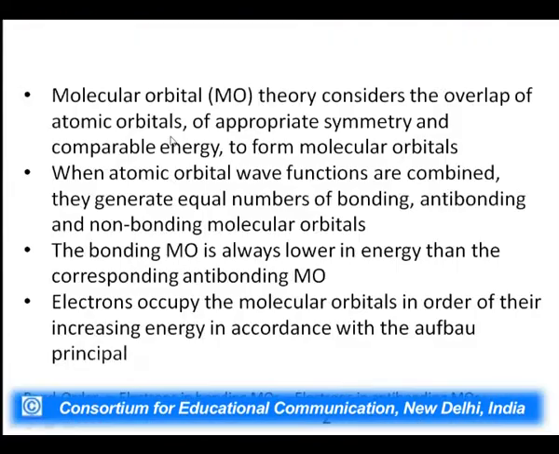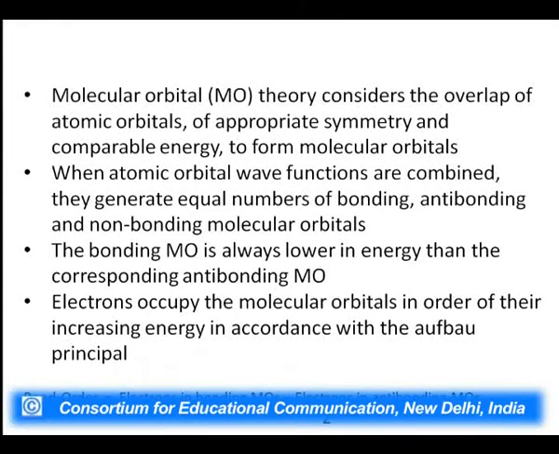Now, what do we actually do whenever we want to apply the molecular orbital theory to various compounds? Normally, molecular orbital theory says that the AOs combine with appropriate symmetry and comparable energy so as to form the molecular orbitals. This becomes the fundamental postulate of the molecular orbital theory.